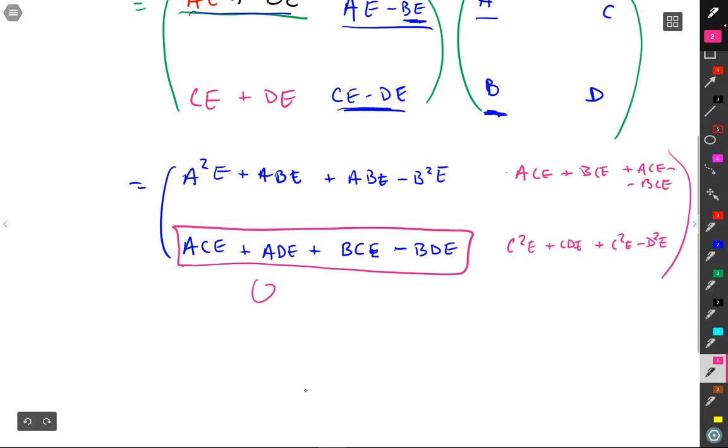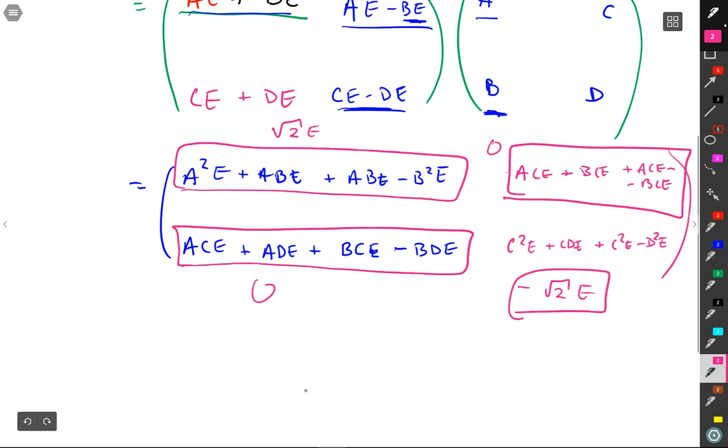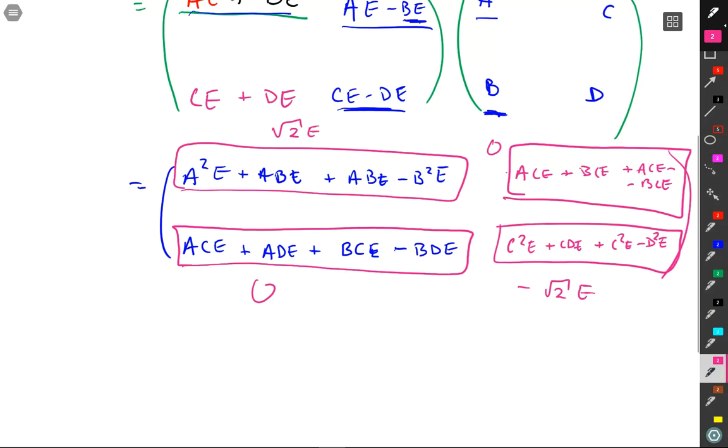This here should give me 0, and this here should give me 0. And then this should be square root 2e, and this should be minus square root 2e. It should give me, whoops, I put the box around the wrong thing. It should give me a diagonalized matrix where my lambdas are the trace elements.